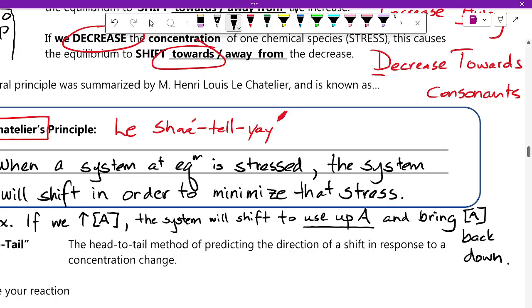That's how Le Chatelier works. If you decrease concentration of A, the system will shift to make A to bring the concentration back up.